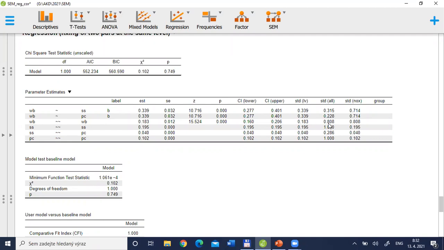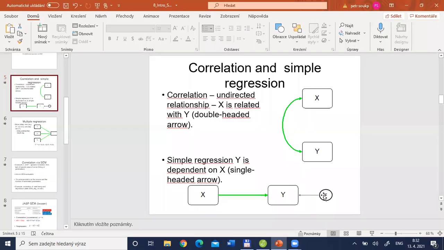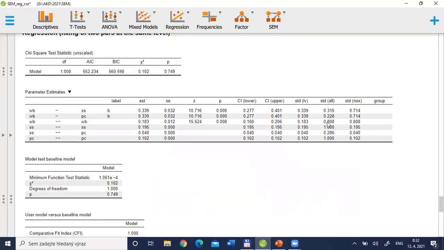Here is the standardized version. So here I can see that the standardized variance of this variable, once again this random error of the dependent variable, is 0.801. And this is the measurement of unexplained variance. So the variance unexplained by my regression model, well-being on social support and proactive coping, is approximately 81%.